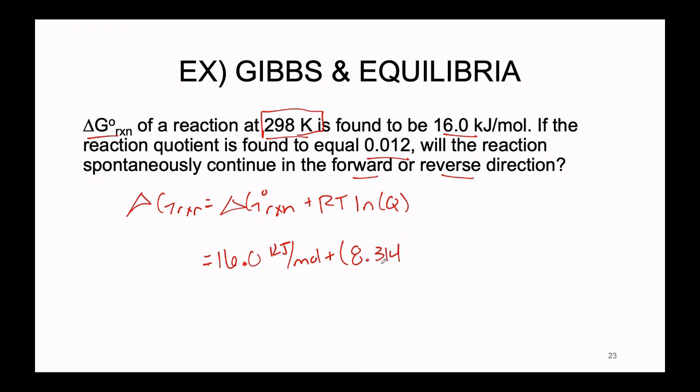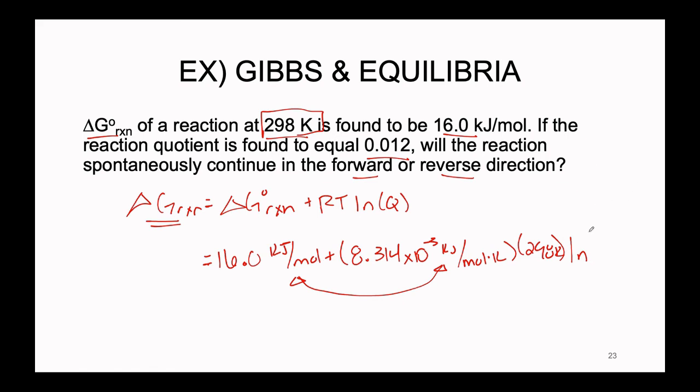Now I am going to shift this into kilojoules, so I'm going to tack on a times 10 to the negative third to make this a kilojoule per mole Kelvin value. Temperature, we're going to say, is 298 Kelvin. So Kelvins are going to cancel out here. We can see kilojoules per mole are going to be working together, not necessarily canceling out, but giving us a final delta G that is consistently in kilojoules. So again, always look at our units here and make sure that everything is playing together nicely.